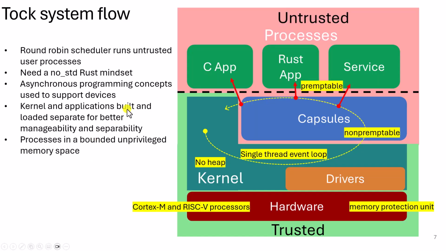Here we have a block diagram of the Tock system, and the system can be divided into two parts, which is shown here with the dotted line: the Tock operating system below the line, and the processes, the user applications that use the Tock operating system to run, above the dotted line.